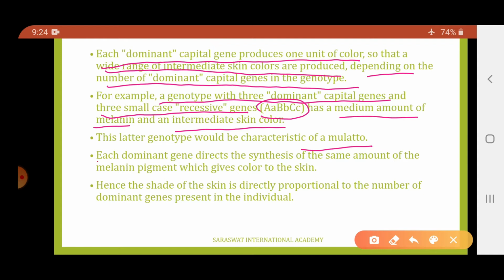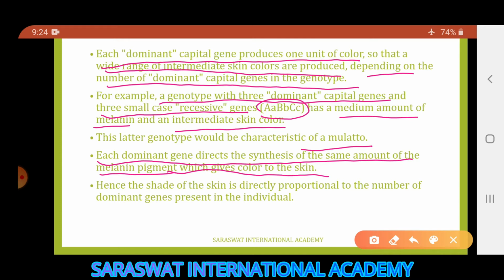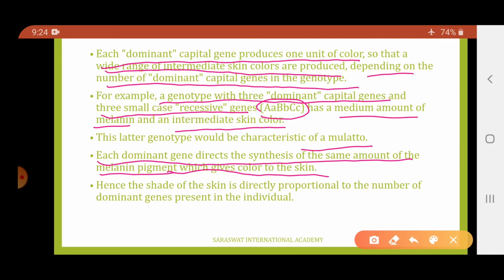I told you earlier, each dominant gene directs the synthesis of the same amount of melanin pigment which gives color to the skin. It means if capital A gene is there, capital B gene is there or capital C gene is there, the amount of melanin produced by each of these 3 dominant genes will be the same.